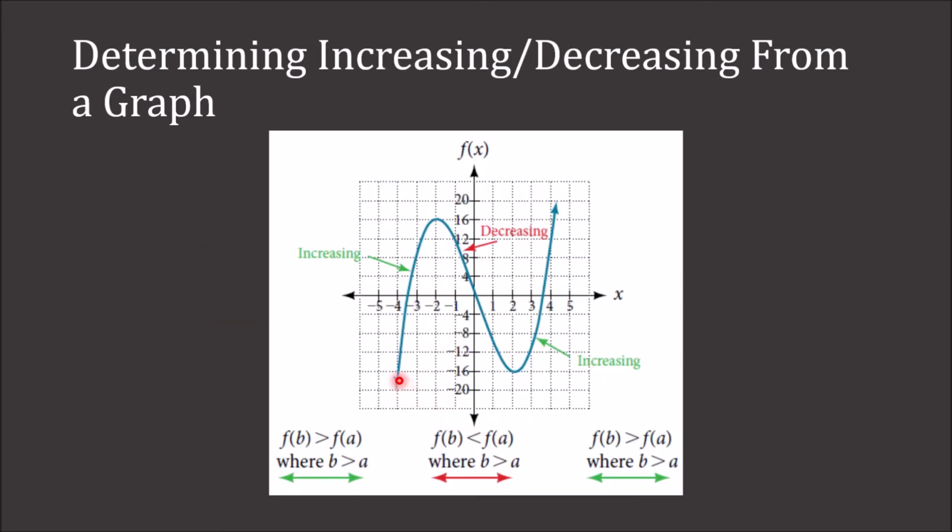So here we have increasing, which means if I take a value of b that is larger than a value of a, so let's say we'll take b to be -3 and we'll take a to be -4. f of -3 is larger than f of -4.